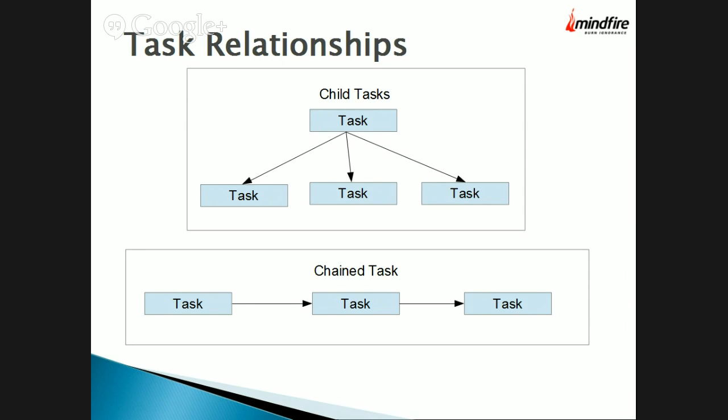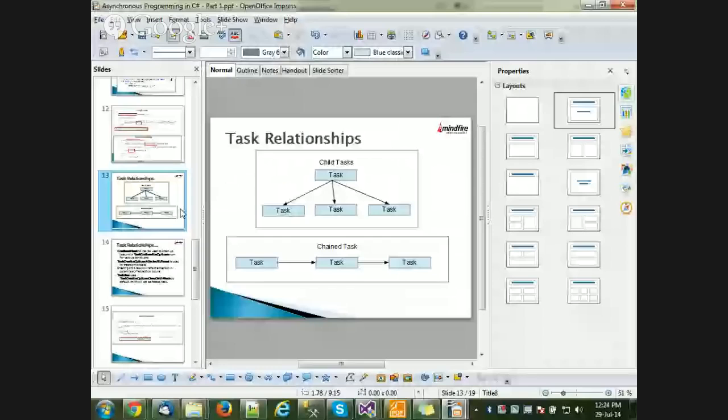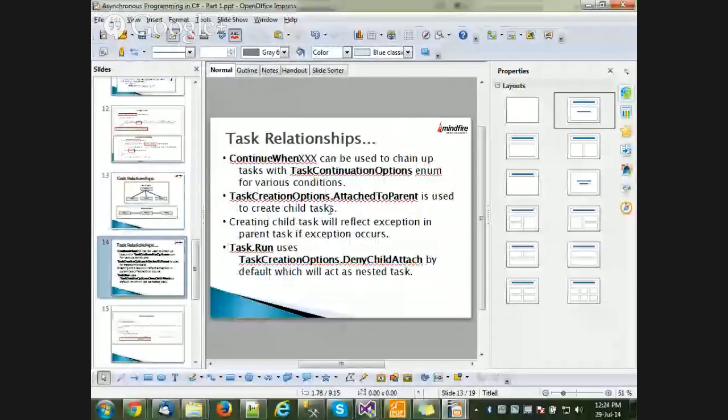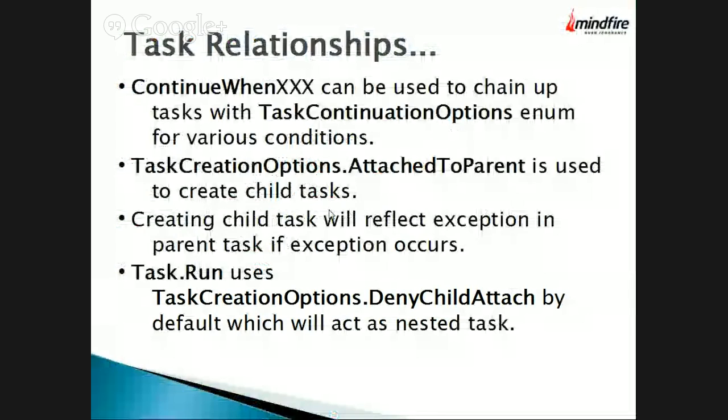And there is nested task as well. Okay, we have continue with. Have you seen the continue option at the task level? Continue with any and all. Yeah, but when all is a different thing.